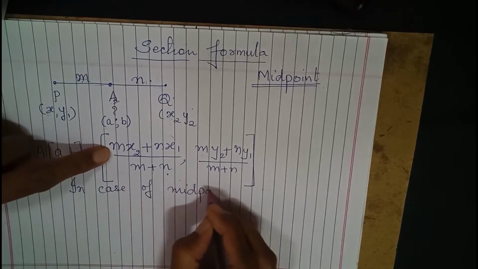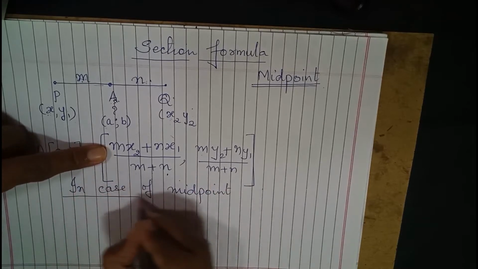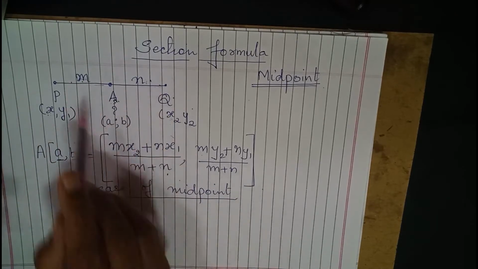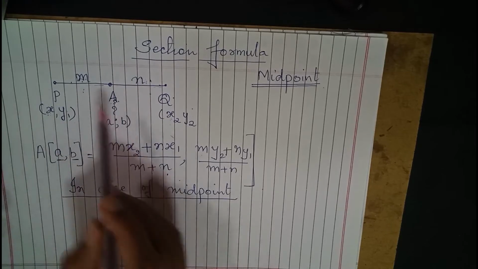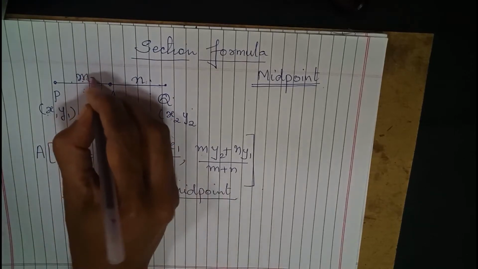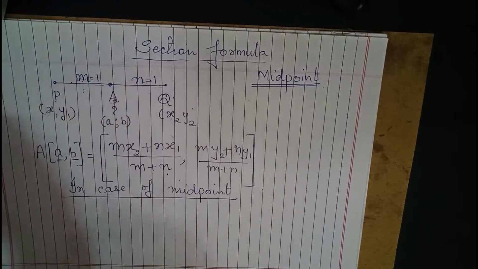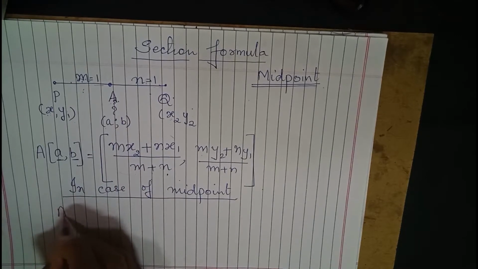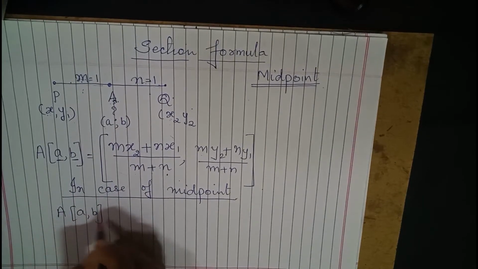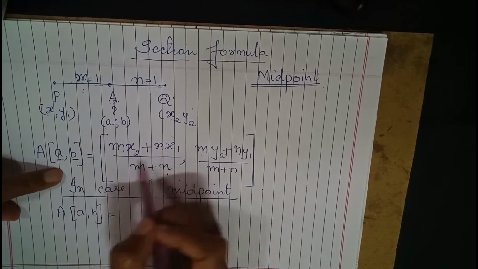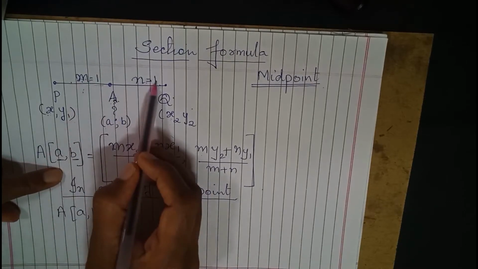So how does this formula change in case of midpoint? This formula will be used for any section, that is, any ratio m:n. But let us assume if A is the midpoint, then m becomes 1 and n becomes 1. Then what will be the coordinates of this point A? Wherever there is m and n in this formula, we substitute 1.